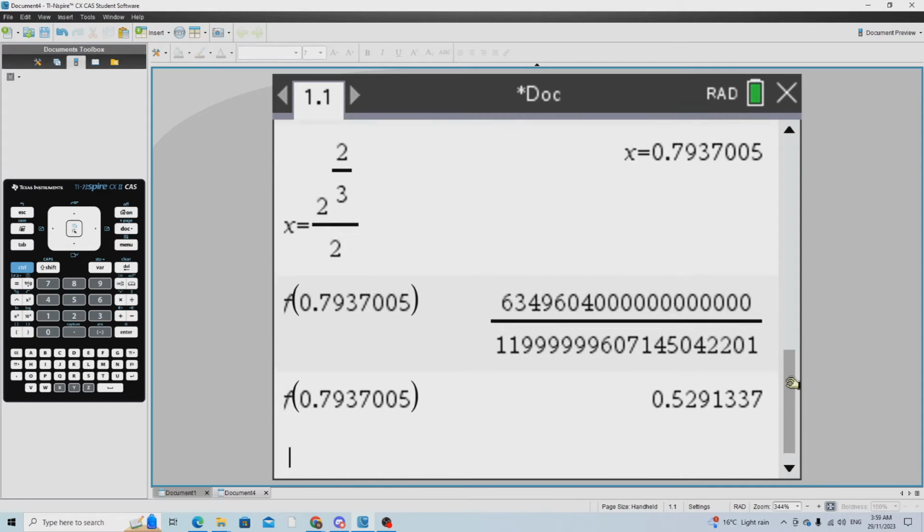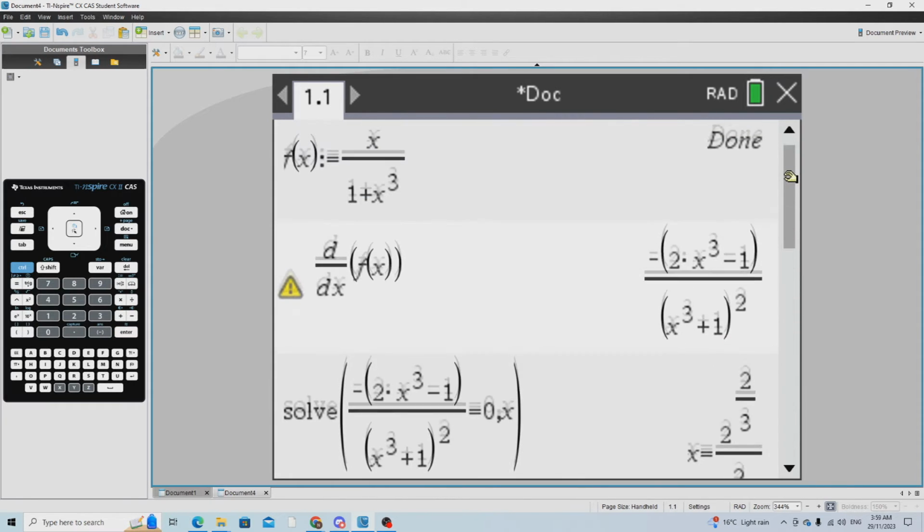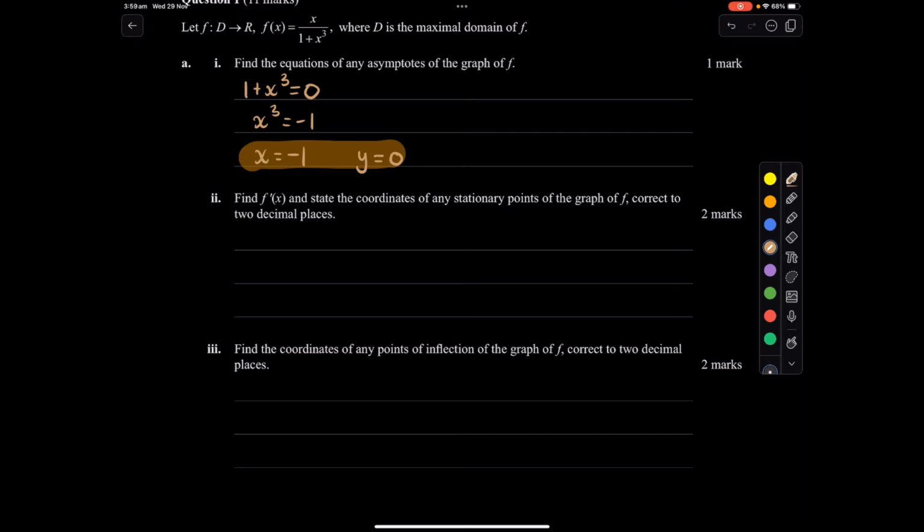That's your y coordinate. So let's write all of them in our paper. So f dash of x is going to be negative 2 x to the power of 3 minus 1 all over x to the power 3 plus 1 squared.